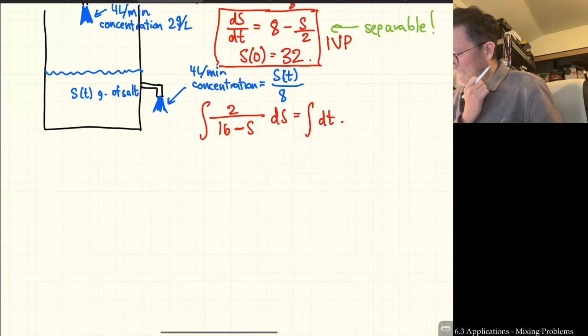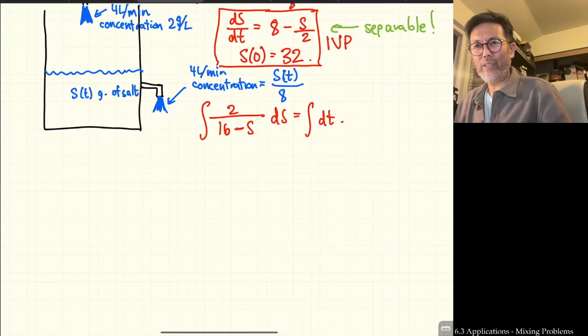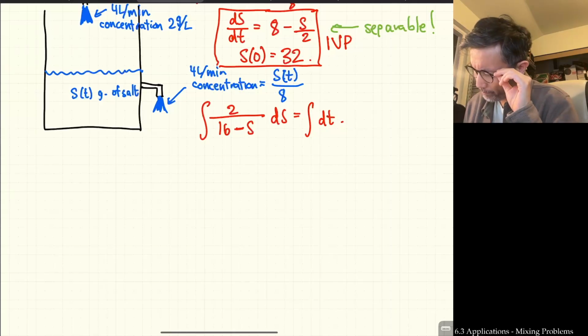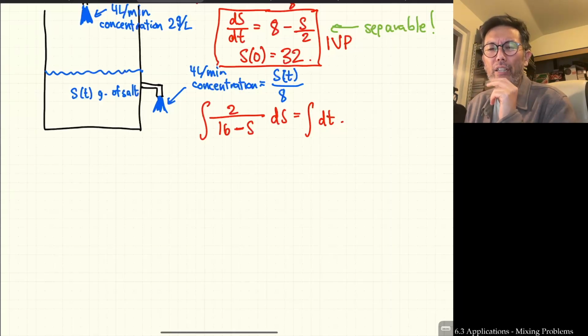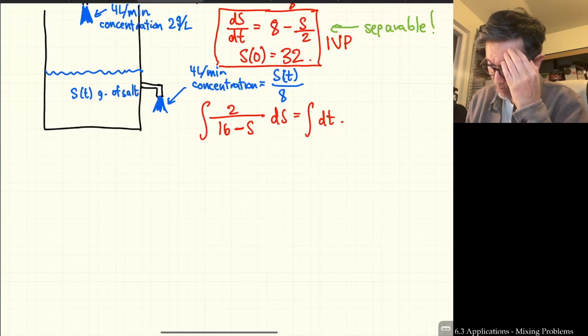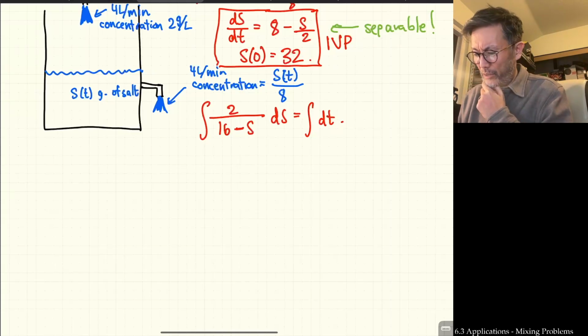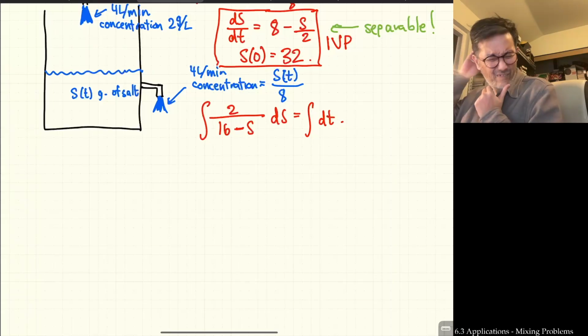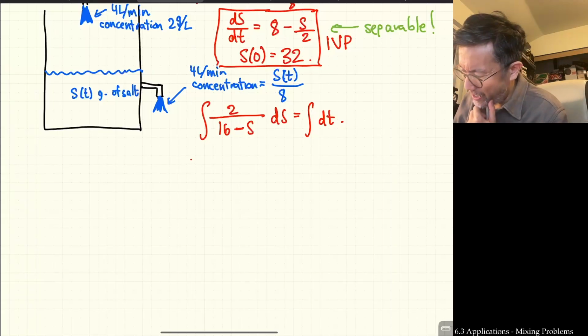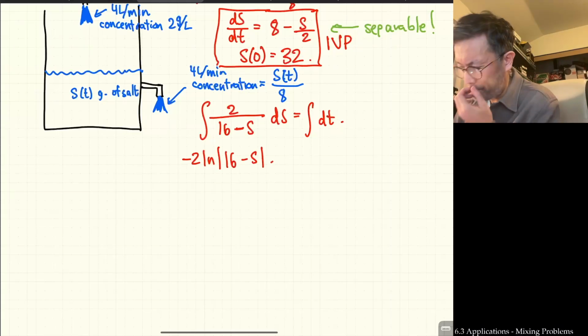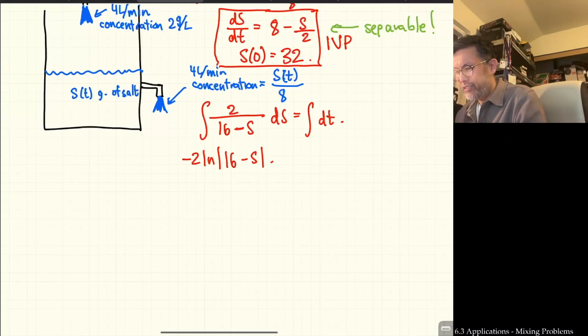Okay. So now we have to integrate this. Well, I'd just rather not think, I guess. So let me do u substitution. Okay, I'll think hard. I think it's -2 times the natural log of the absolute value of 16 minus s. Is that true? Well, to verify, let's take the derivative of that.